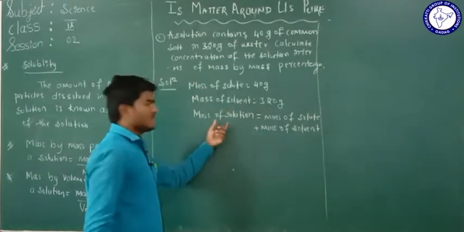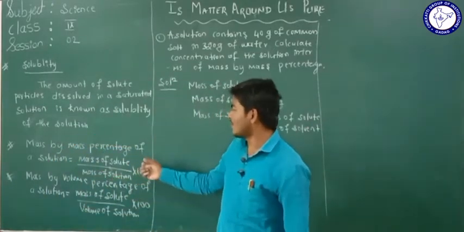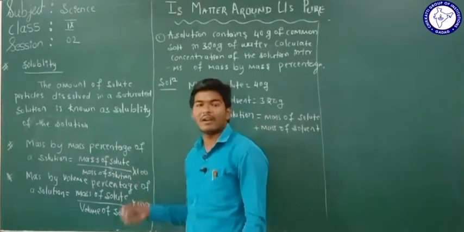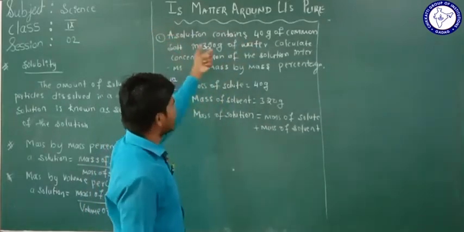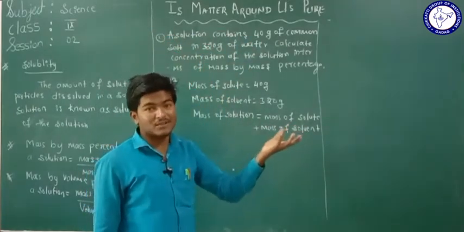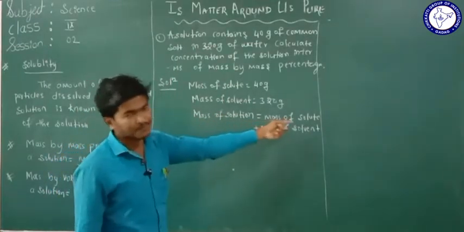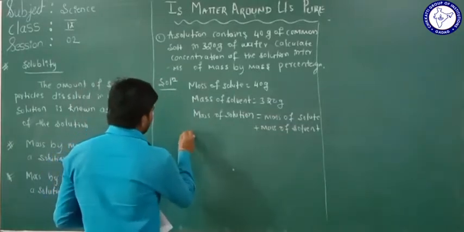We need the mass of a solution because mass by mass percentage is equal to, what is the formula here? Mass of a solute divided by mass of solution into 100. They give only the mass of the solute and the mass of the solvent, they don't give the mass of the solution. We have to find the mass of the solution by adding the mass of solute and mass of solvent.